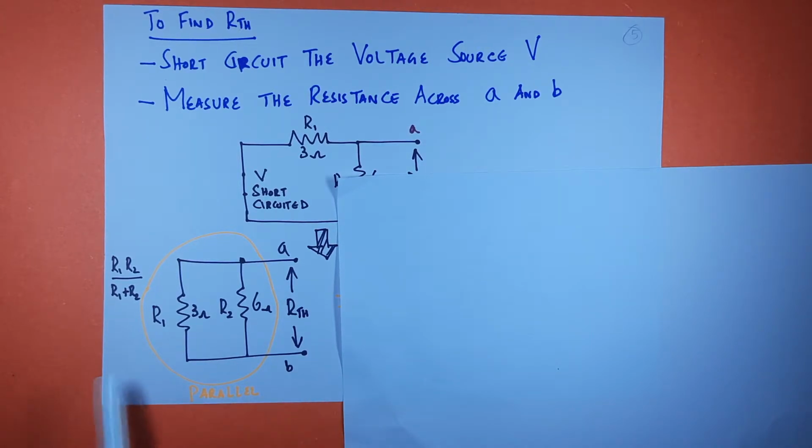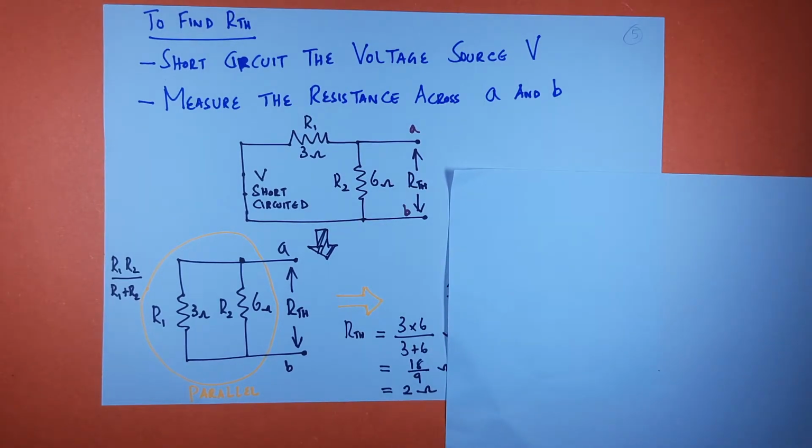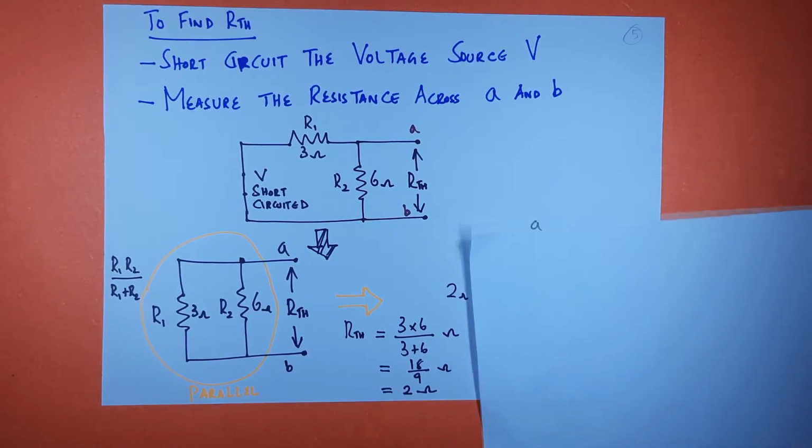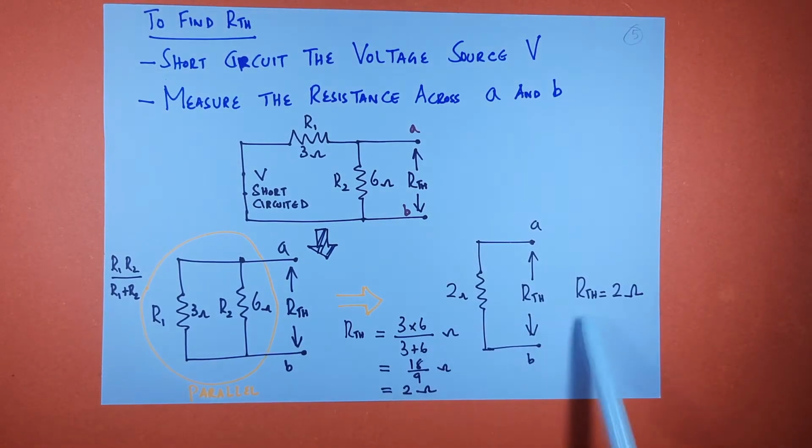You know very well the formula R1 R2 divided by R1 plus R2. If you apply that, 3 into 6 divided by 3 plus 6, 18 by 9, equals 2 ohm. So the R Thevenin is going to be 2 ohm.